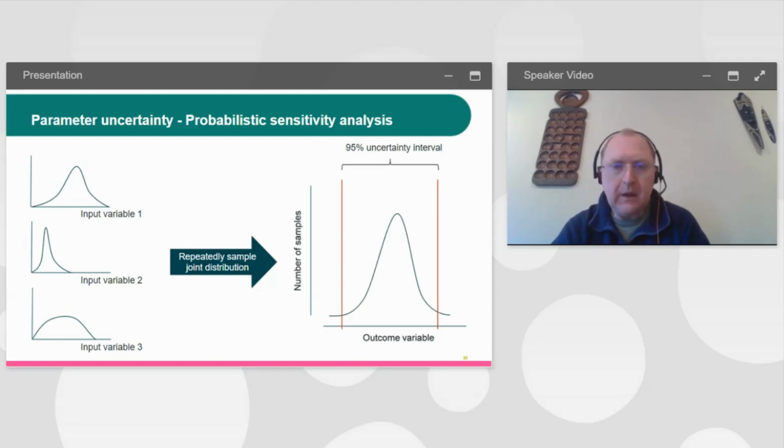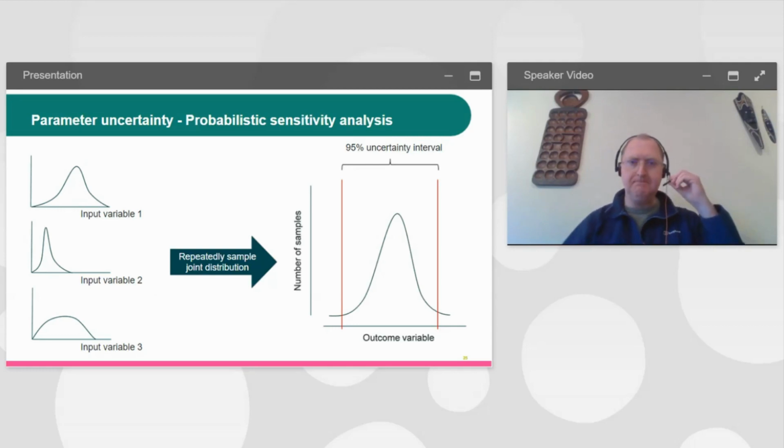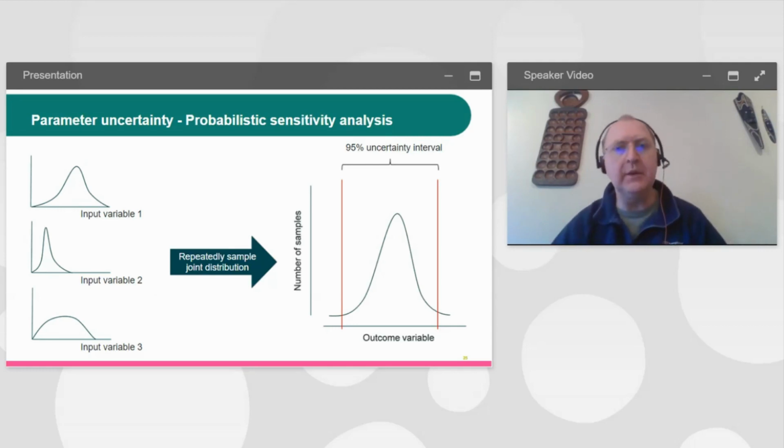As is common with much economic, especially health economic modeling, parameter uncertainty is very often accounted for within a probabilistic sensitivity analysis, where we look at the uncertainty around the estimates of individual parameters and repeatedly sample from those joint distributions, so from each of those distributions, to produce lots and lots of runs that allow us to see variation in our outcome parameter.